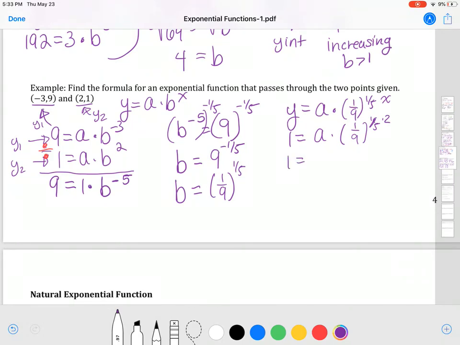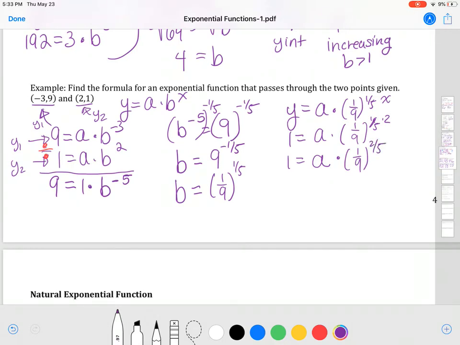That's going to give me 1 is equal to a times 1/9 to the 1/5, to the power of 2. If I raise a power to a power, I have to multiply. So 1/5 times 2 is 2/5. So I'm going to have 1/9 to the 2/5.